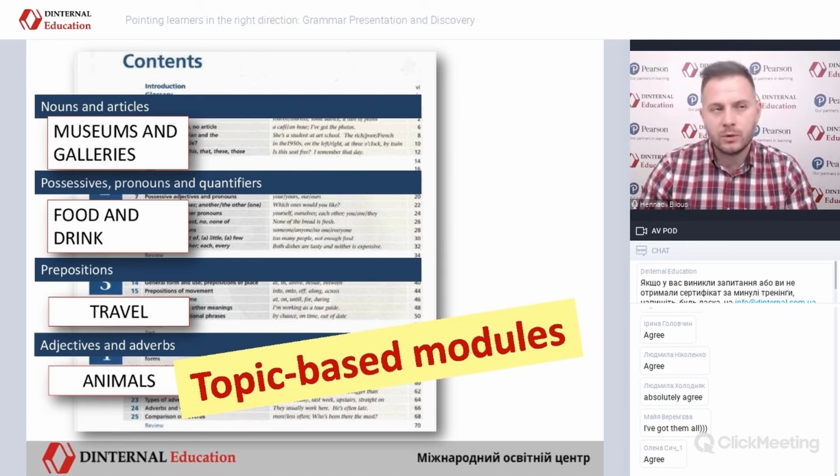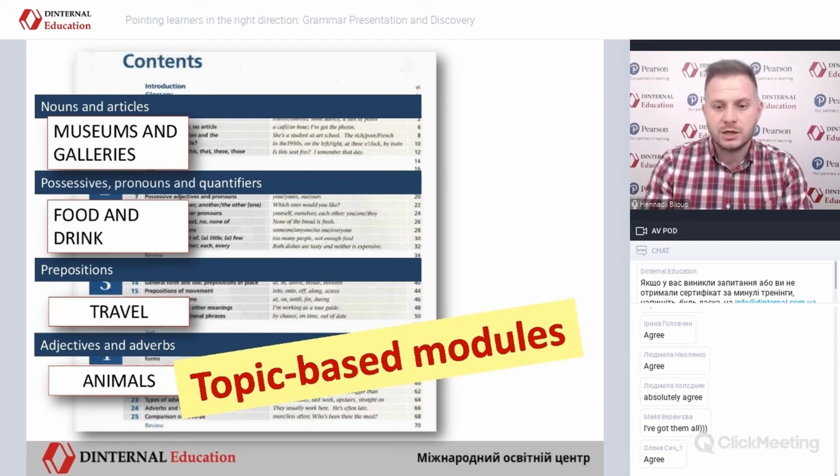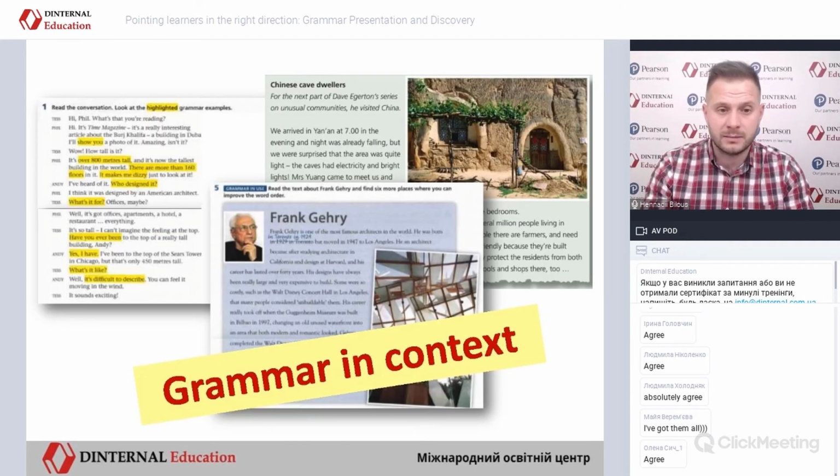That automatically means it's got a lot of very meaningful exercises for students, because together with nouns and articles, they would learn a lot about museums and galleries all around the world. They would learn much about food and drink in different countries, about traveling experiences, about animals and stuff. So topic-based modules is something fantastic I find about the book.